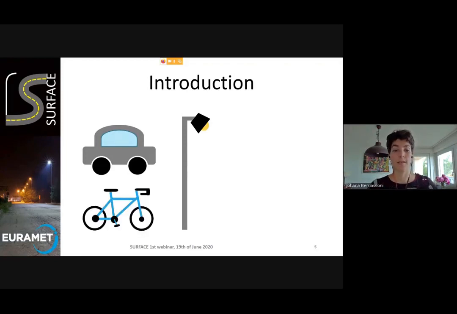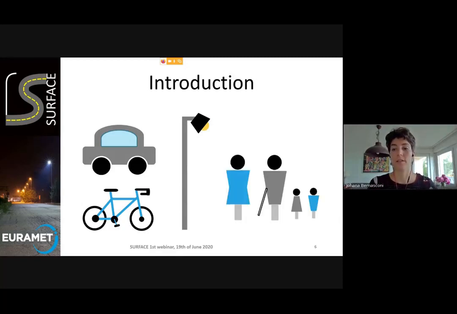But they can also be bikes or e-bikes, and there are also pedestrians, also with different height and with different visual abilities. And so we want to make sure that everyone can use the road safely. And of course, we also have to take into account the energy consumption of the installation.